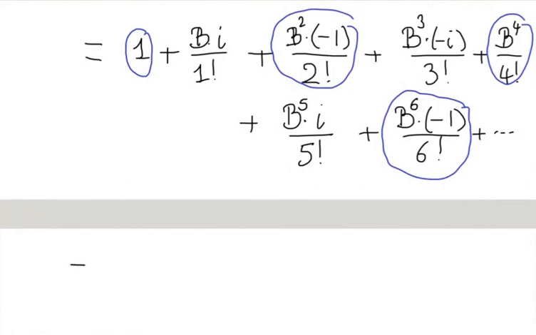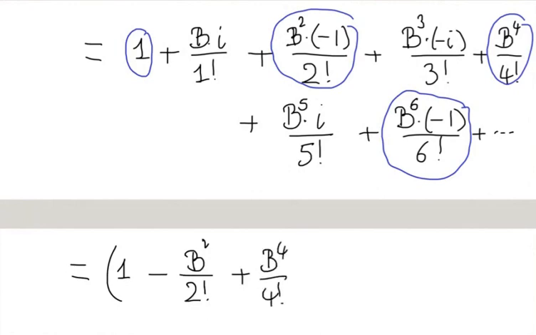So let's rewrite those. Let's collect them into one group. So we have 1, and then the second one is minus b squared over 2 factorial, plus b to the 4th over 4 factorial, and then minus b to the 6th over 6 factorial.